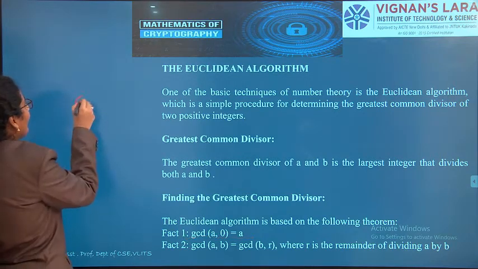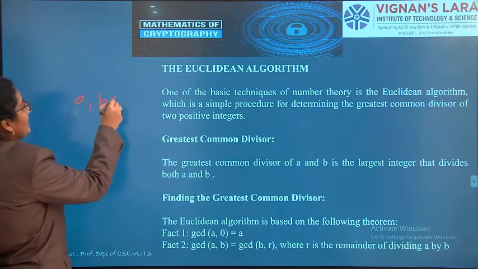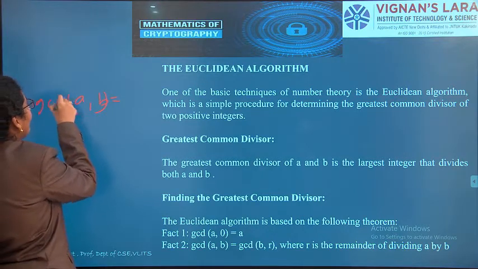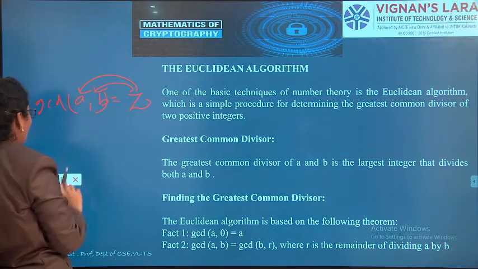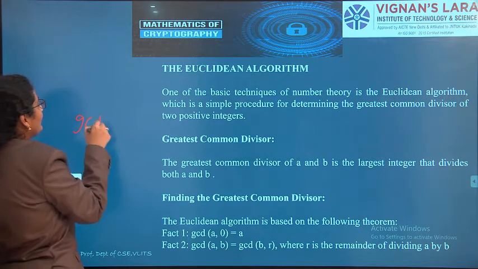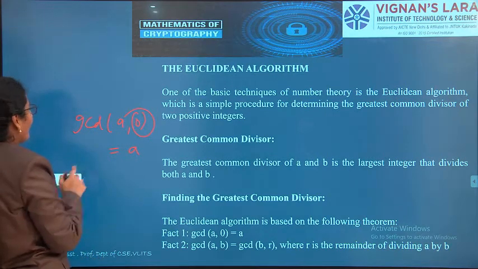So a, b are two positive integers. GCD of these integers will be the largest positive integer which will divide both a and b. Now GCD of a, 0 will be a because the second integer is 0.